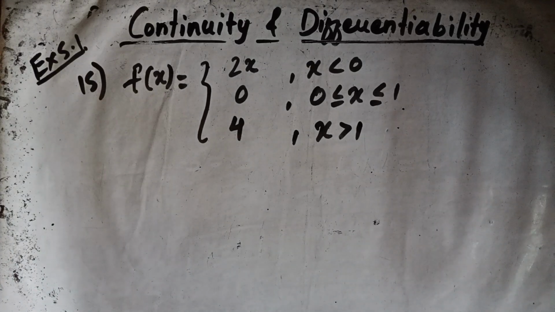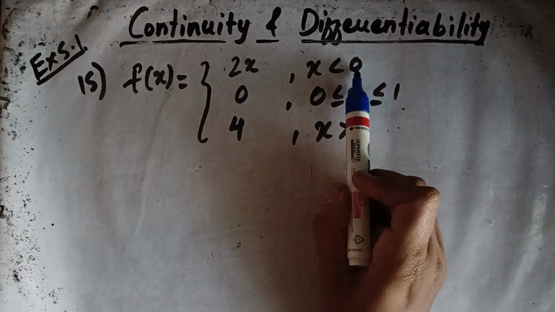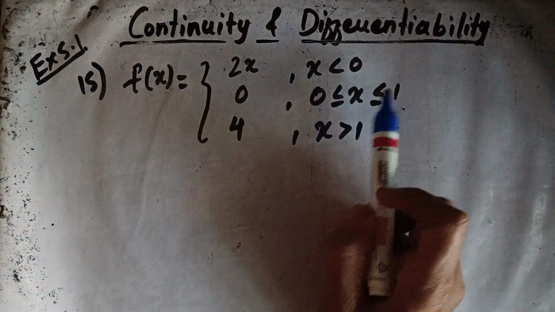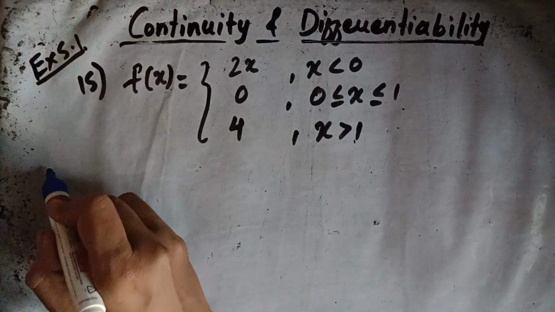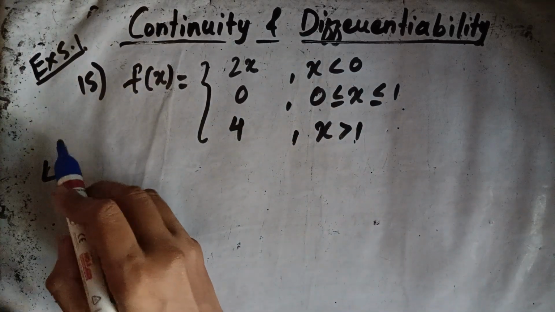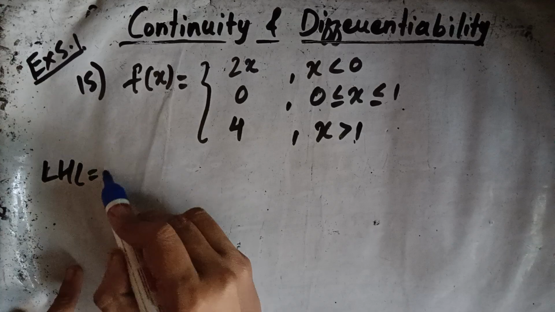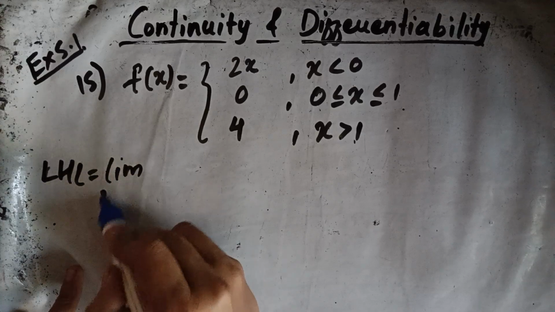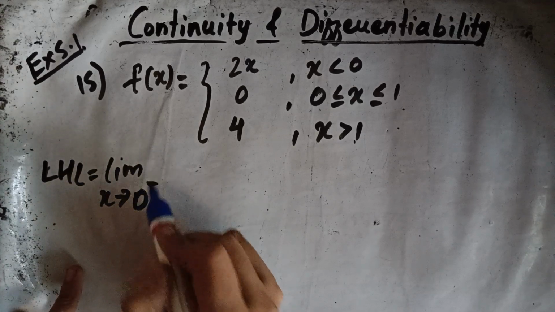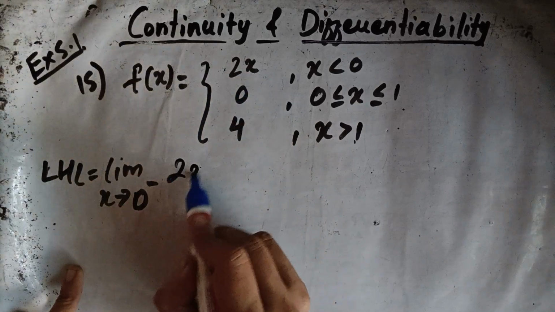Let's do this one. For x less than 0, continuity we have to check. So you have to take the points 0 and 1. First is for the point x equal to 0. LHL as x tends to 0 minus, you have to take 2x.